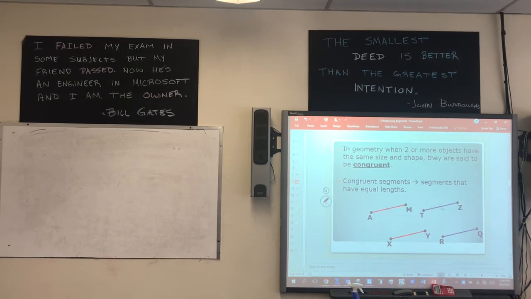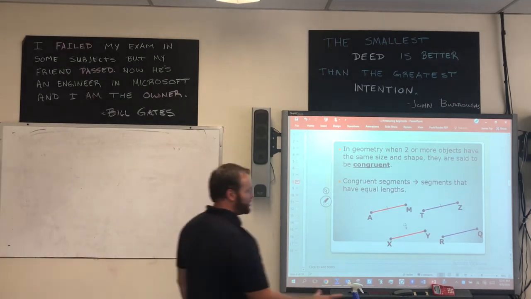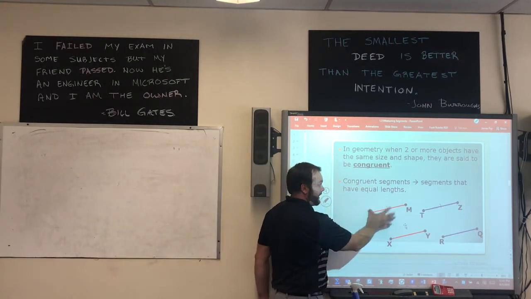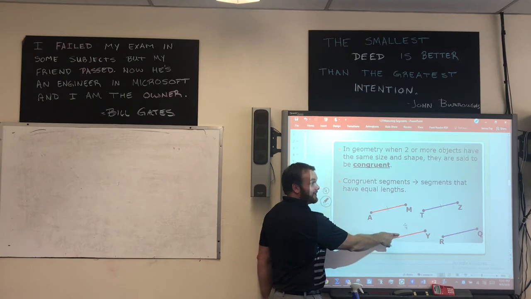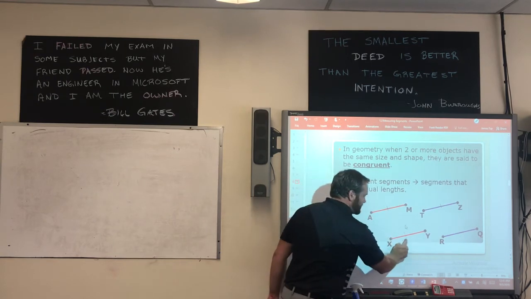If I want to say those two up top are congruent to one another, and I want to say these two are different, then I have to make sure that there is a differentiation in regards to how many markings are in those two that are different. Does that kind of make sense? Since that one on the bottom has nothing in it, then it's showing that it's different than that one, right? So if that one's 8 centimeters, that one doesn't have a mark in it, so that one cannot be 8 centimeters, right?